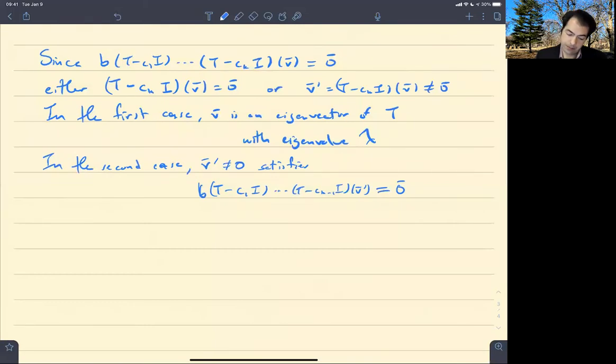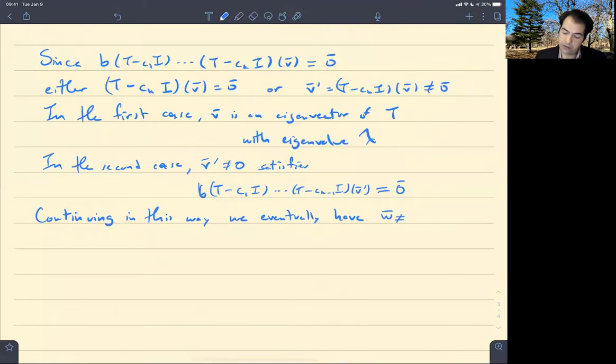So by a simple inductive argument, continuing in this way, we eventually have a non-zero vector, say w, such that T minus cj times the identity applied to w is equal to 0.